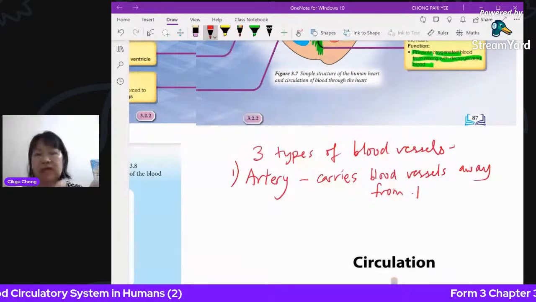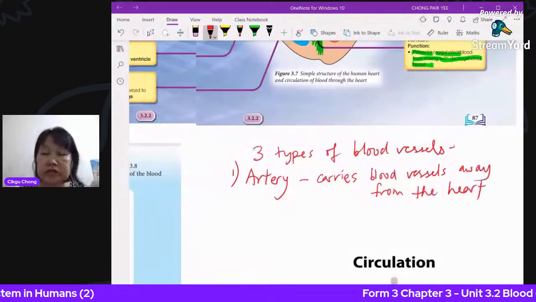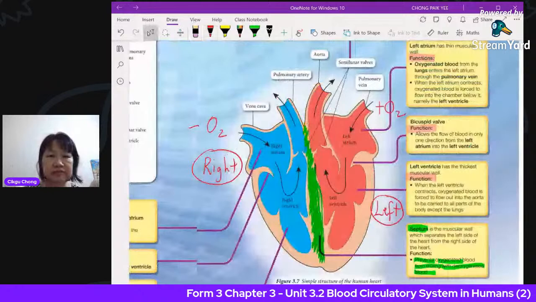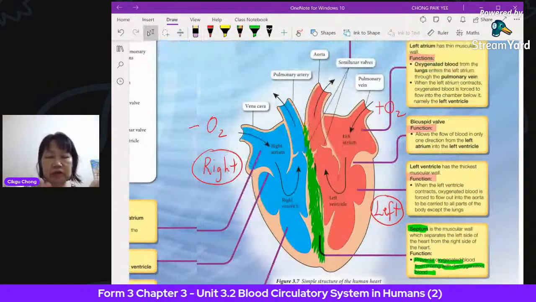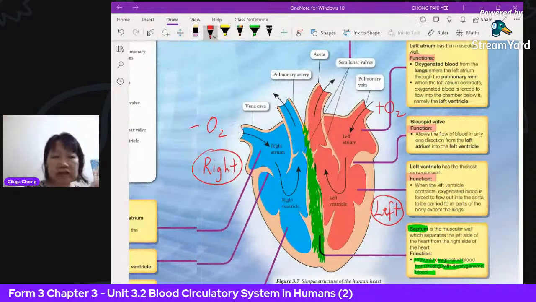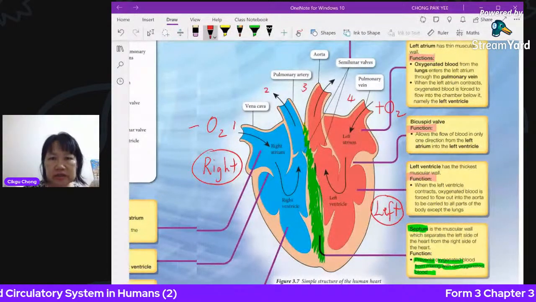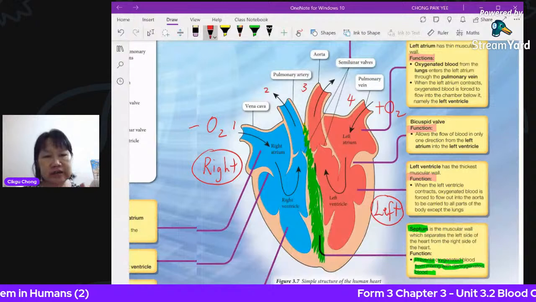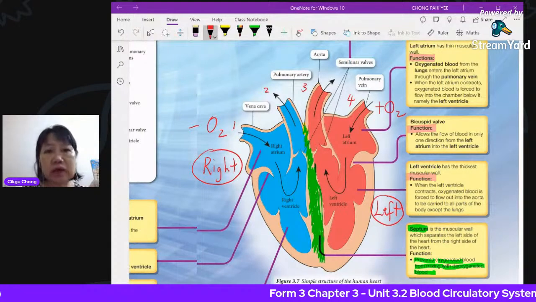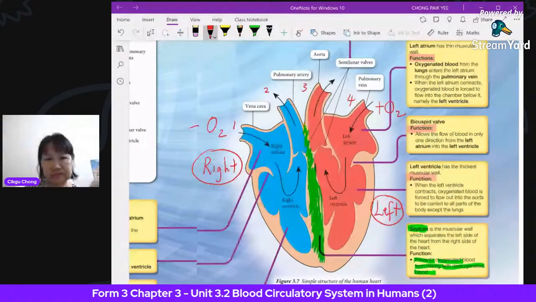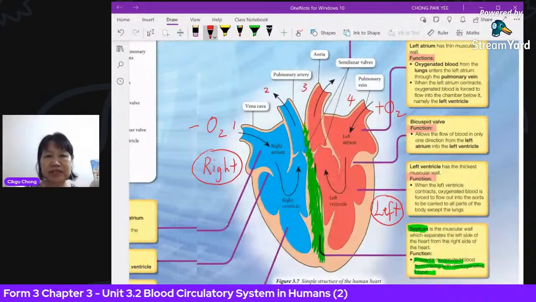So if you see this picture here, the one on the heart, you actually have 4, isn't it? Now, this is 1 here, this is 2 here, this is 3, this is 4. Can you identify which number 1, 2, 3, or 4 is considered an artery?